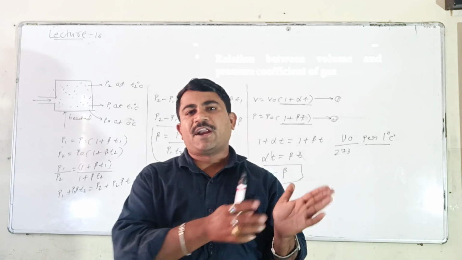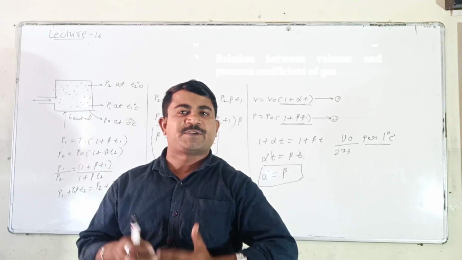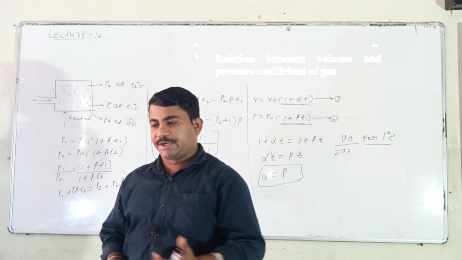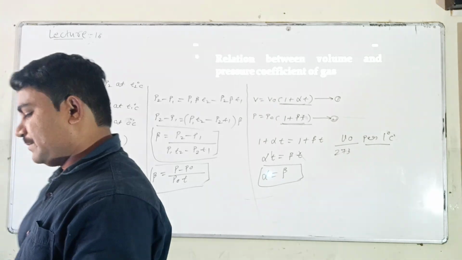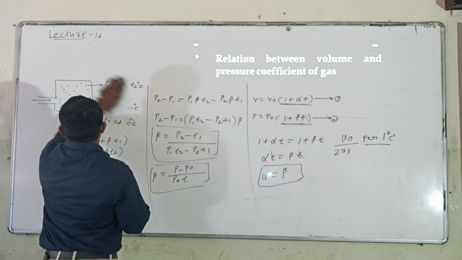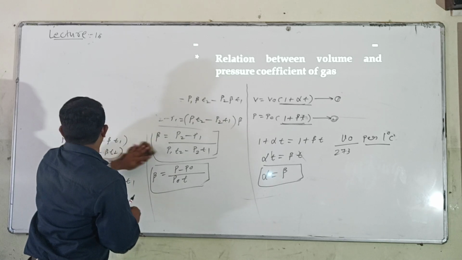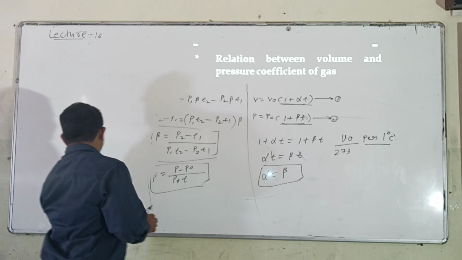The relation between real coefficient of expansion and apparent coefficient of expansion we have already seen. Now let us take a few numericals on it. I will go for numerical number 1 first. Both numericals on expansion of liquid and expansion of gas we will see in detail.